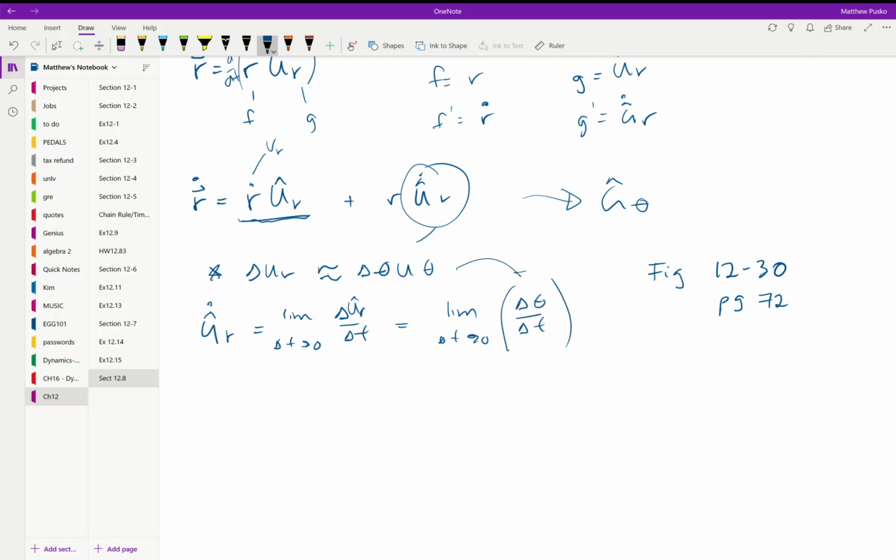So there's your substitution. And we still need this unit theta that goes along with the substitution. We can define d theta dt right now, that's like our omega, our angular velocity, and we're going to call it theta dot. We're going to deal with this plenty in the future, so get familiar with the terminology. And that would be theta dot in the unit theta direction.